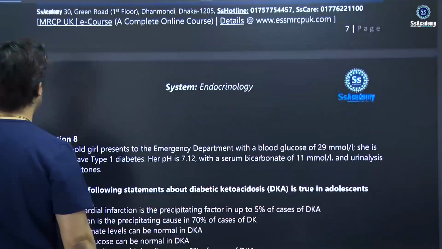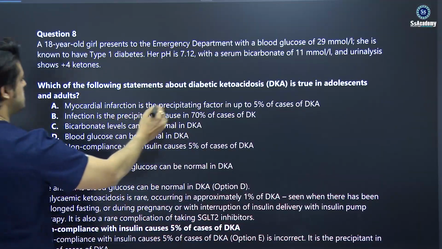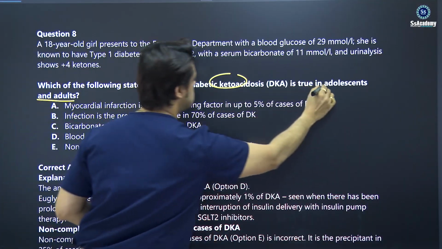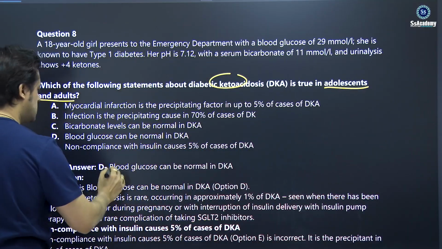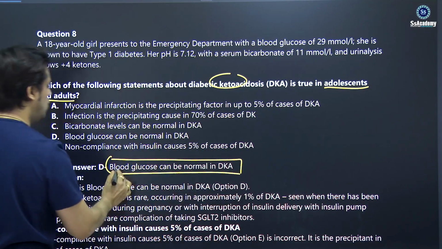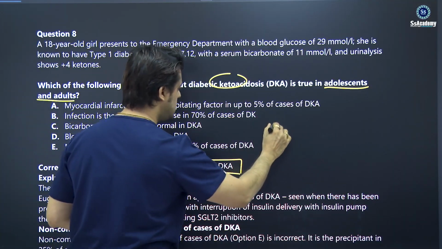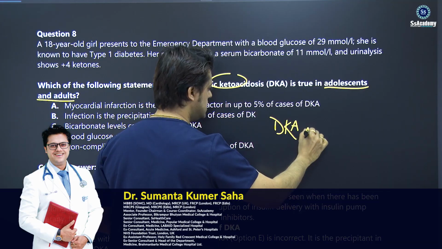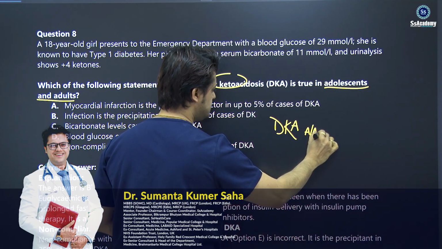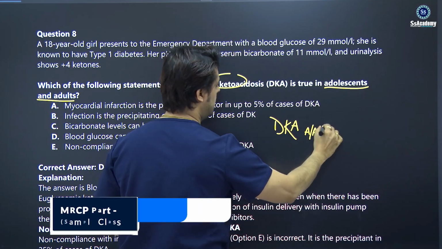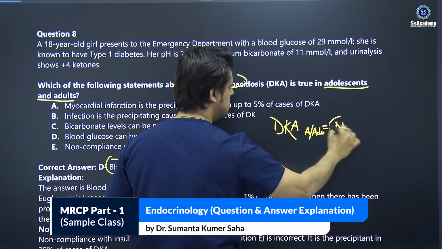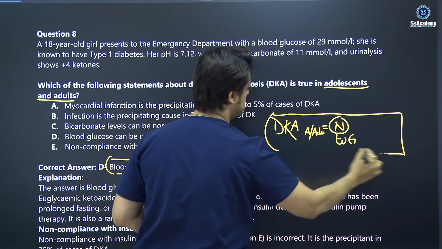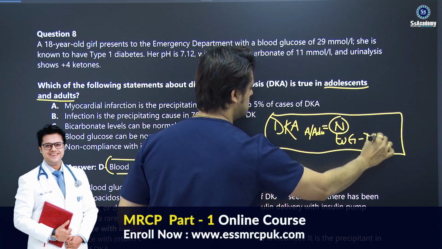Other things: question number 8, which of the following statements about diabetic ketoacidosis is true in adolescents and adults, my dear? This is important. The blood sugar can be normal. So diabetic ketoacidosis in adolescents or adults can have normal blood sugar, meaning euglycemic diabetic ketoacidosis.